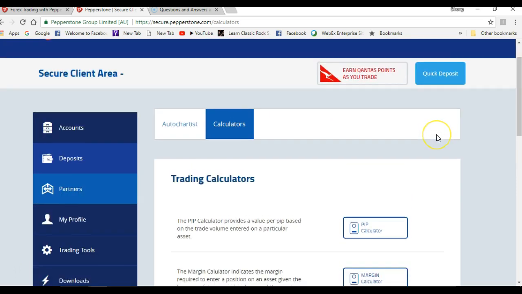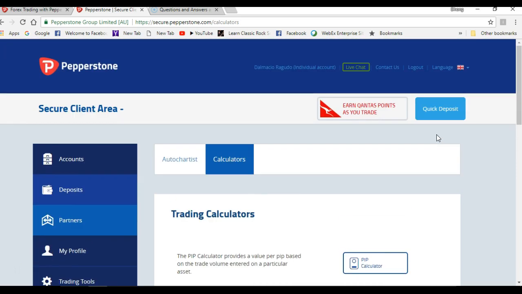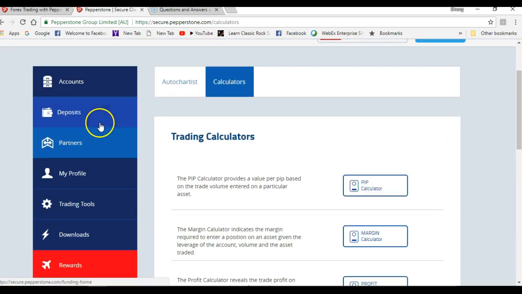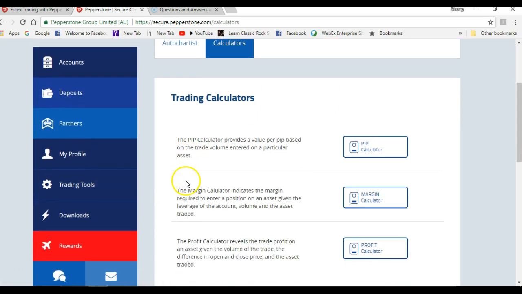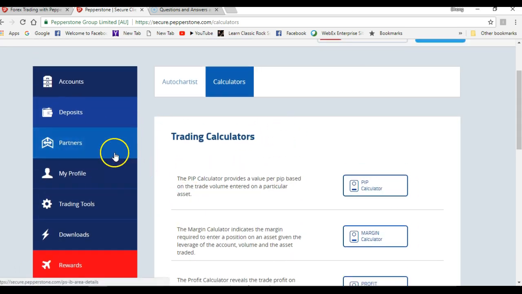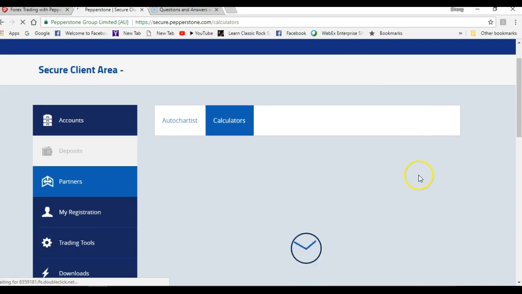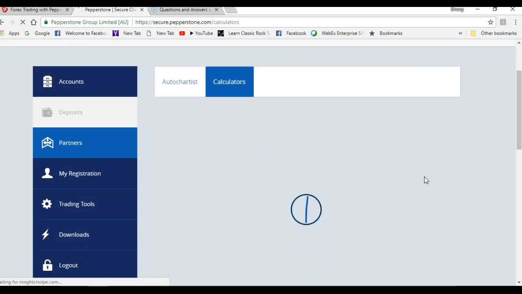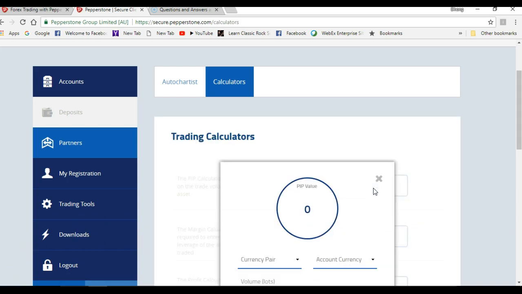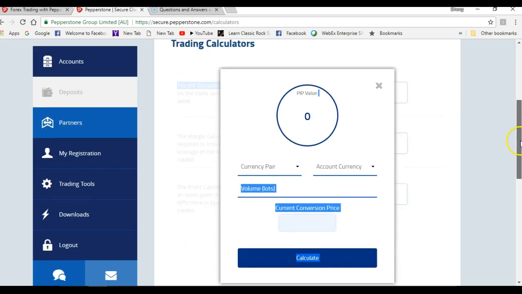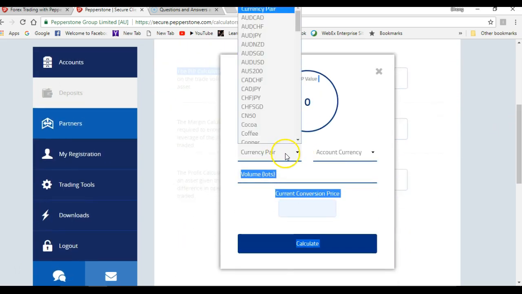If you're using Paperstone or any kind of broker, I will show you. You go to your accounts, then go to calculator. It's just loading. I will go to pips calculator, and I will choose what currency pair that I have.